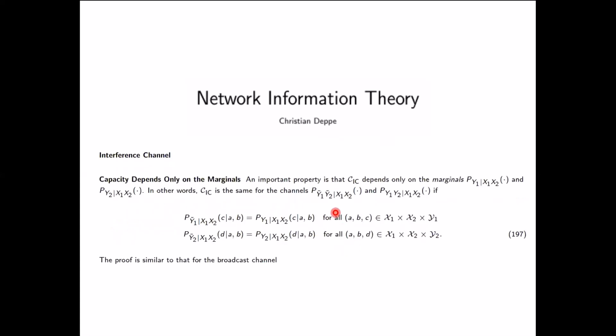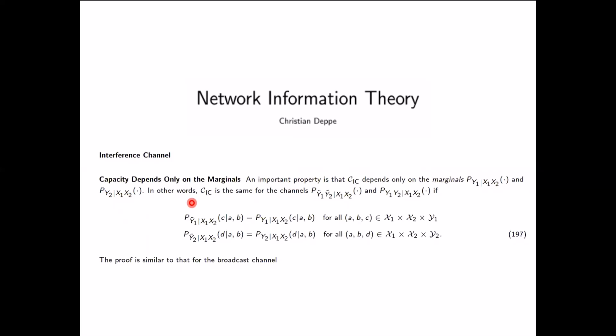The first simple property is similar to one we also have for the broadcast channel. This property is that the capacity only depends on the marginals, so on the marginal channels. If you look at the capacity region, it really depends on the marginal channels from x1, x2 to y1 and from x1, x2 to y2.